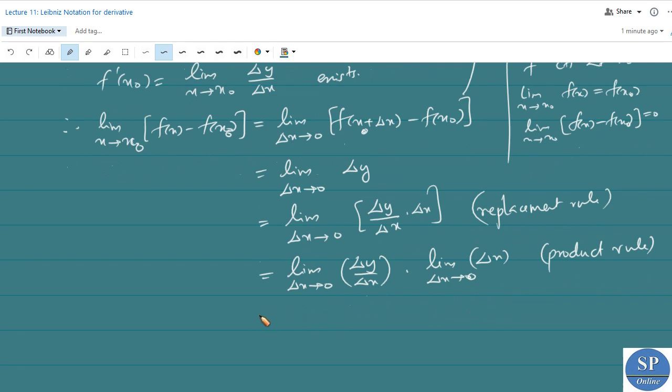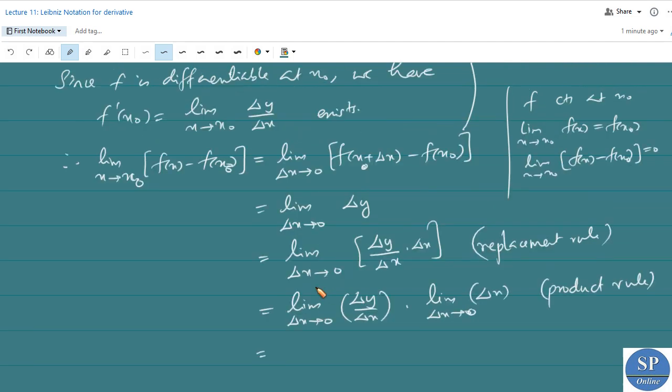We are given that this limit exists, that is, the limit as delta x tends to 0 of delta y by delta x exists. This is the definition: f dash of x naught is equal to the limit as delta x tends to 0 of delta y by delta x.